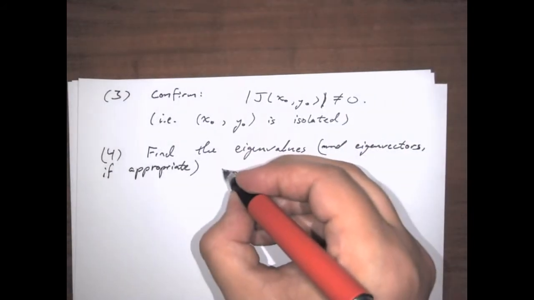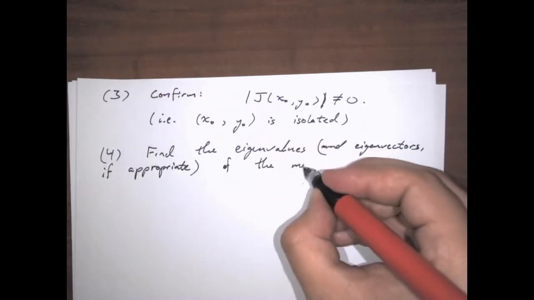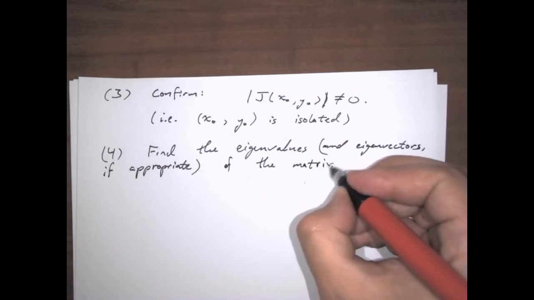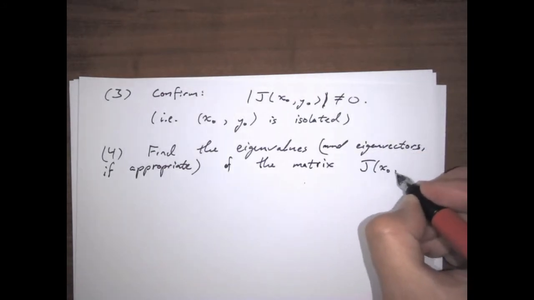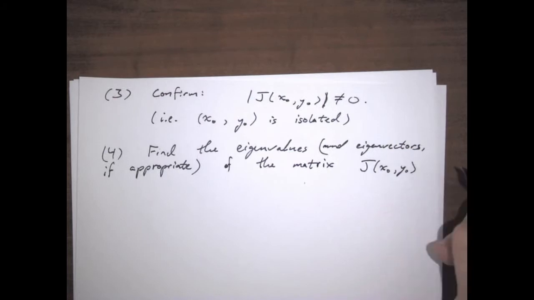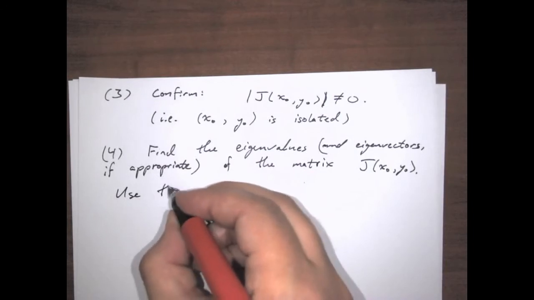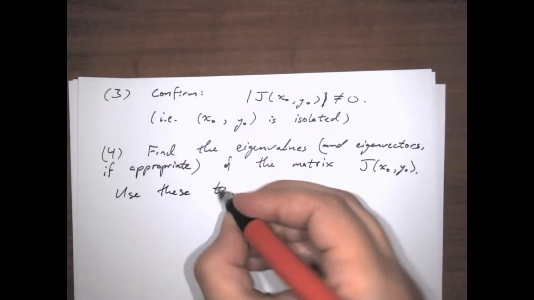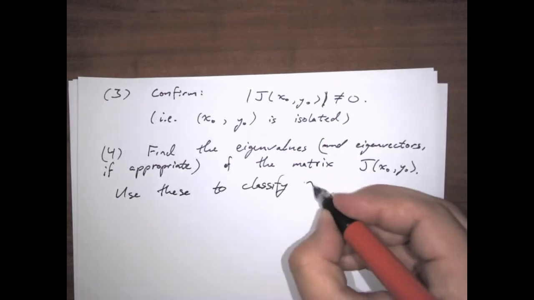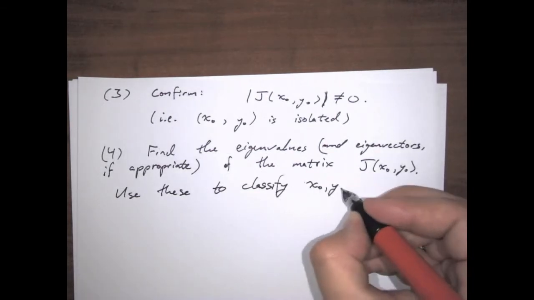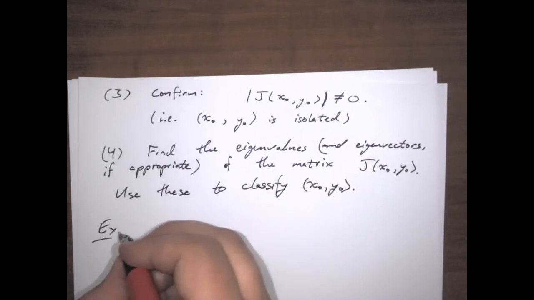Eigenvectors of the matrix J(x0, y0). And then use these to classify (x0, y0).